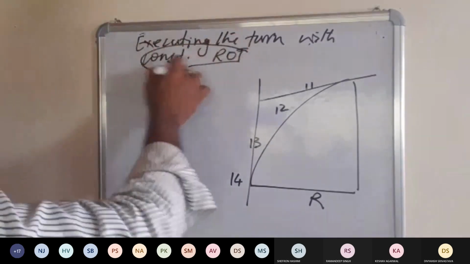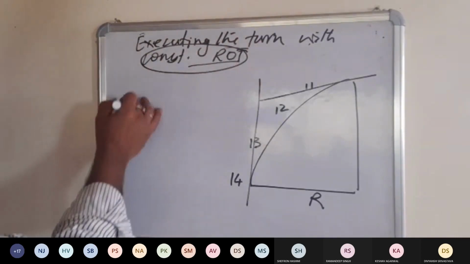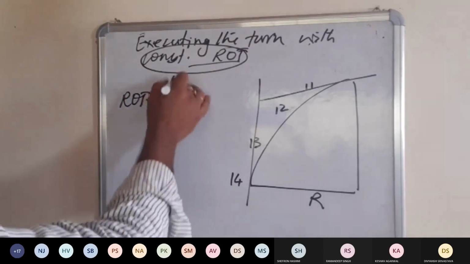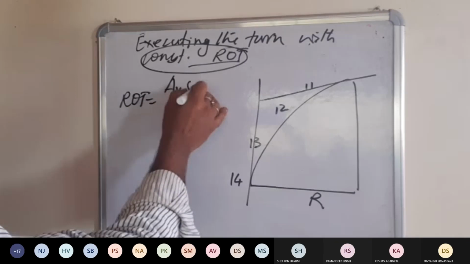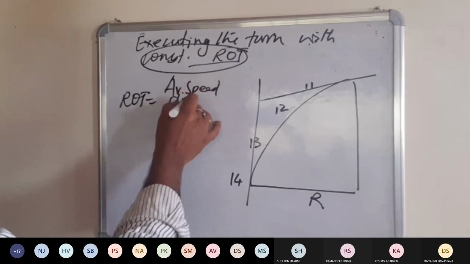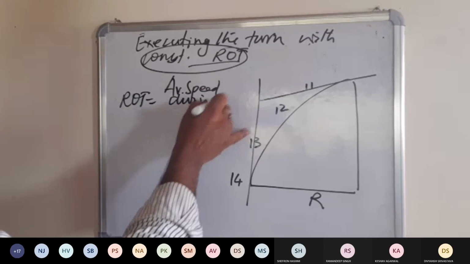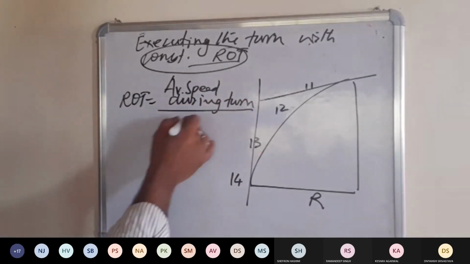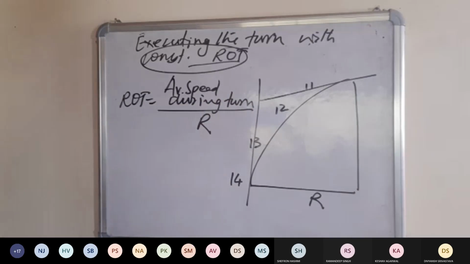In constant ROT turn, ROT is calculated on the average speed during the turn divided by the radius.